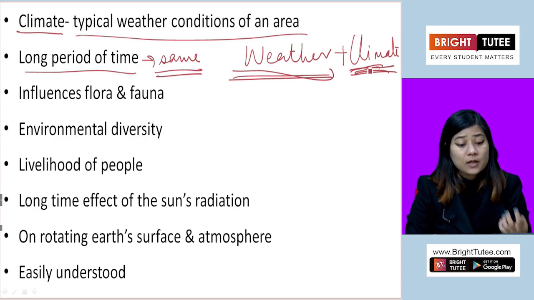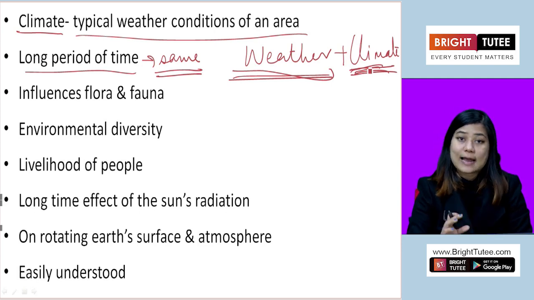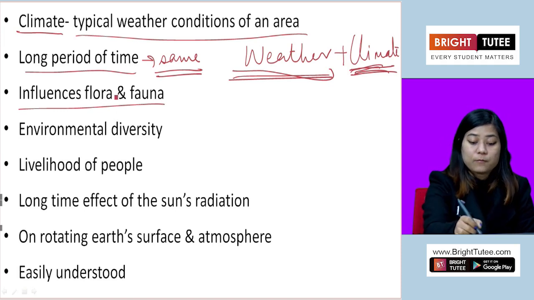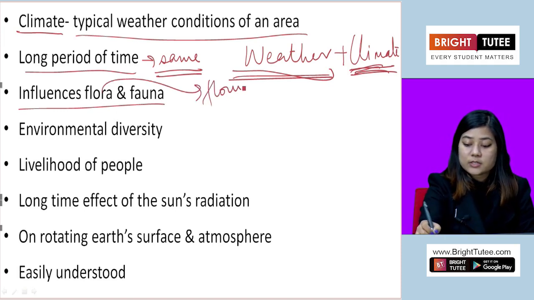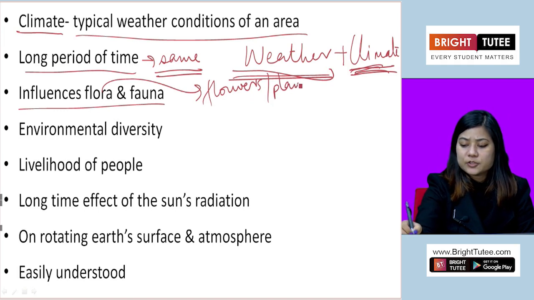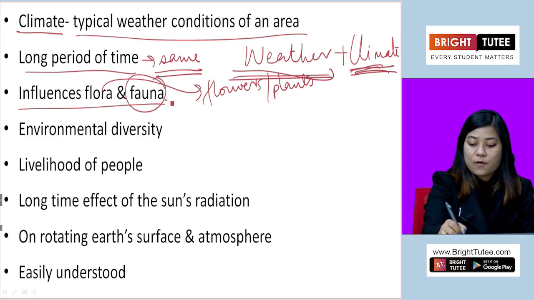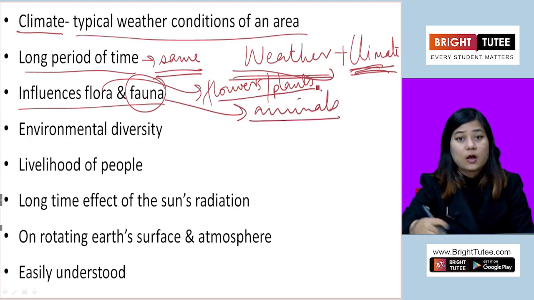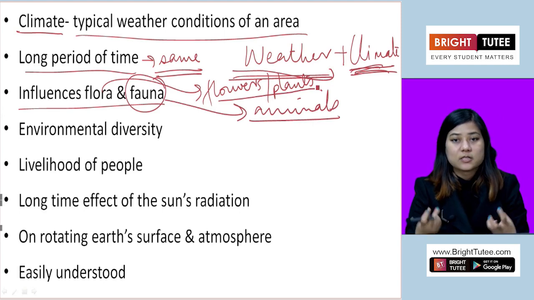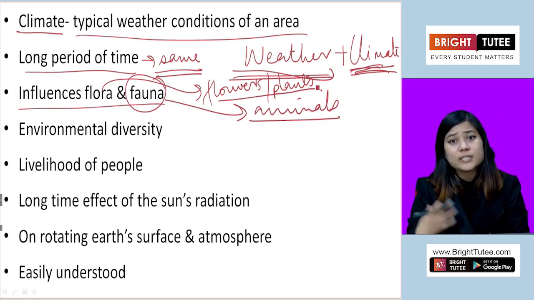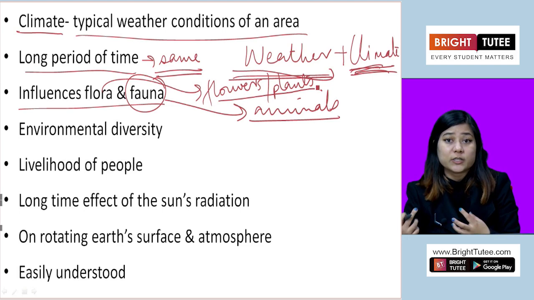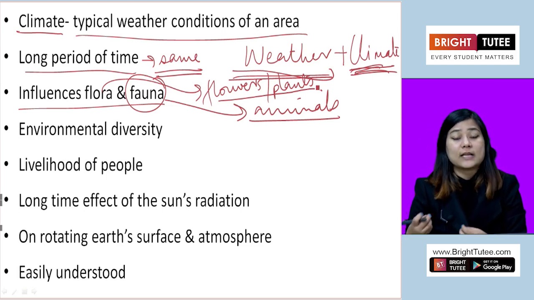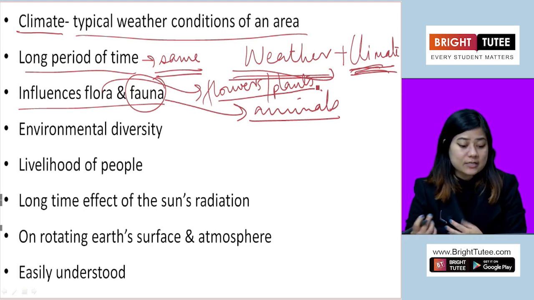Now, the climate of India influences flora and fauna. Flora means flowers, plants, trees, etc. And fauna means animals. So according to what kind of climate a region has, it influences what kind of animals, what kind of trees, what kind of plants grow in that region or inhabit that region.